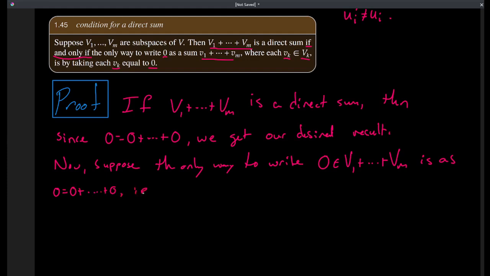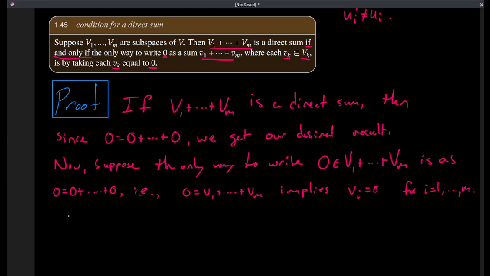I.e., 0 equals v1 plus ... plus vm implies vi equals 0 for i equal from 1 all the way up to m.